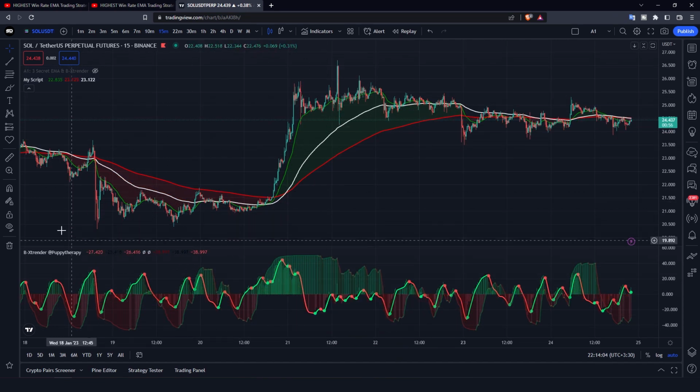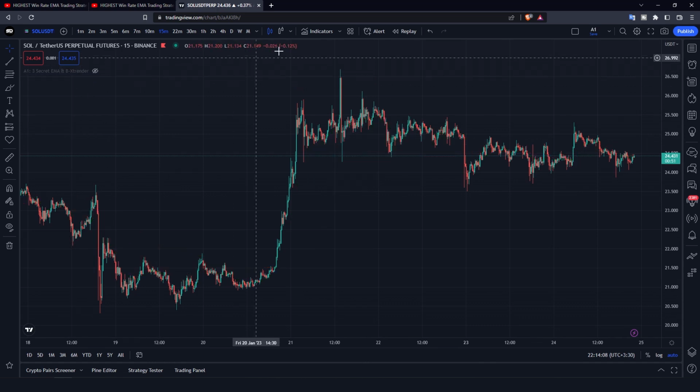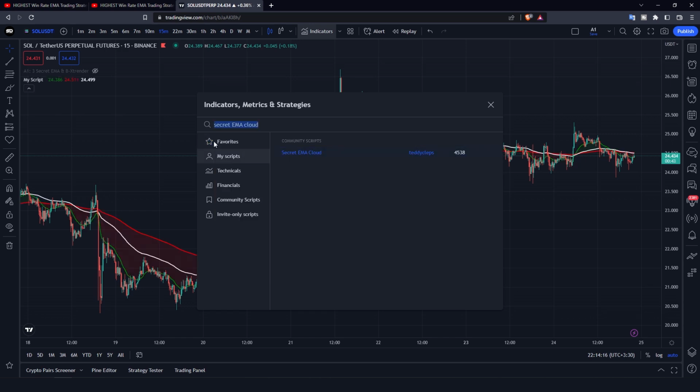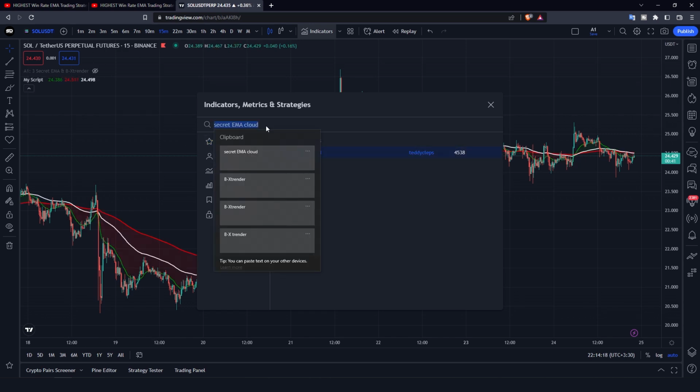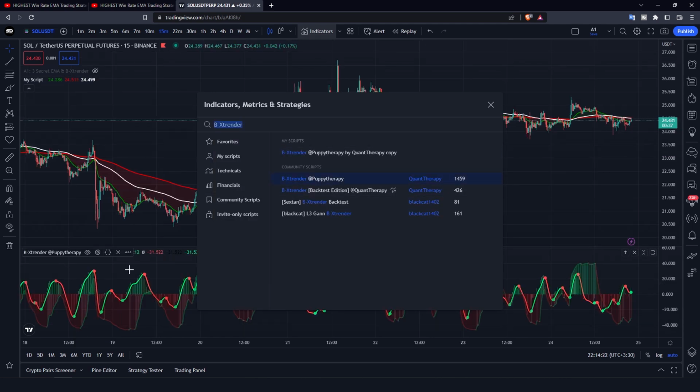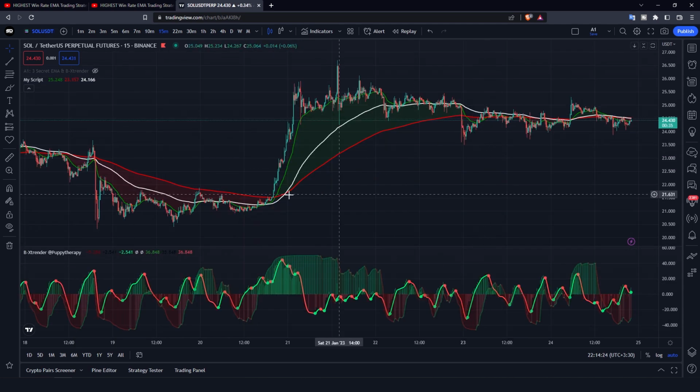Okay, this strategy contains 2 indicators. You can search and find them here on indicators and add them to the chart. Let me show you. The first one is secret EMA cloud. I will insert it to the chart. And the second indicator is BX trender. I will add it too. And now you see both of the indicators on the chart.